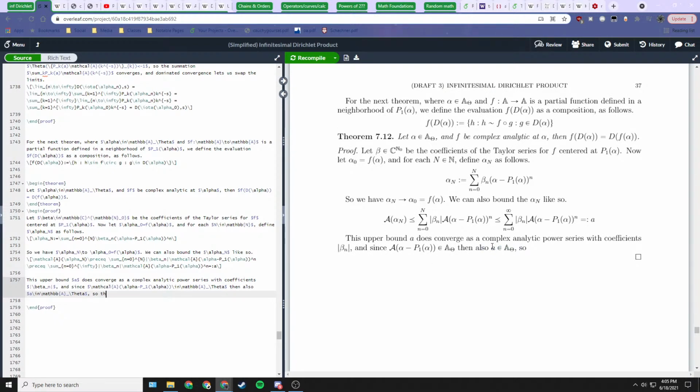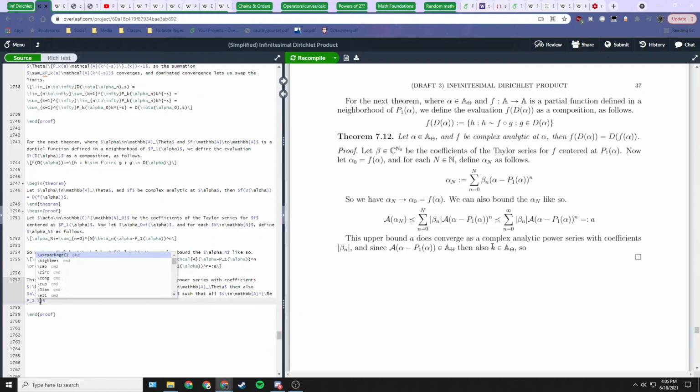So there is theta in the reals such that all s in A re p1 greater than theta have the following limit.